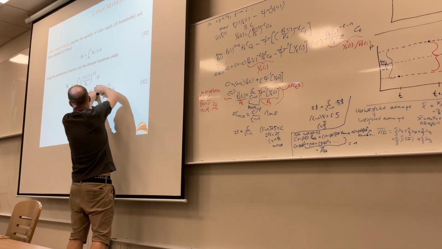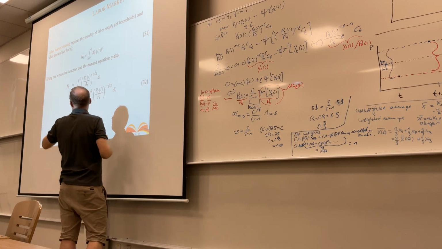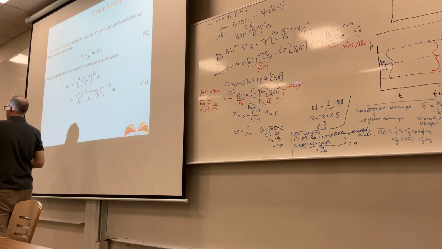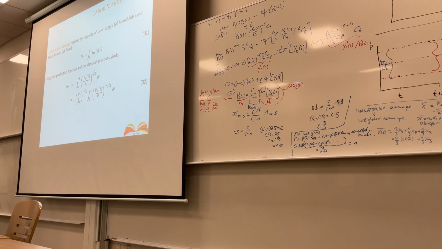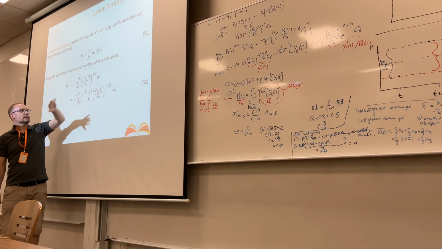If we were to ignore this part here, we'd have exactly an aggregate one-to-one version of the firm production function. So we have this last term here. What does it depend on? Well, let's make it disappear.